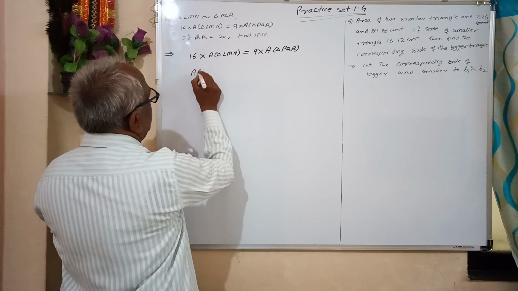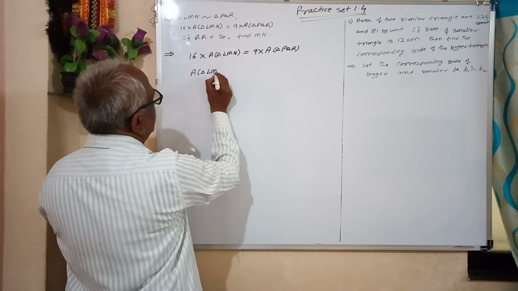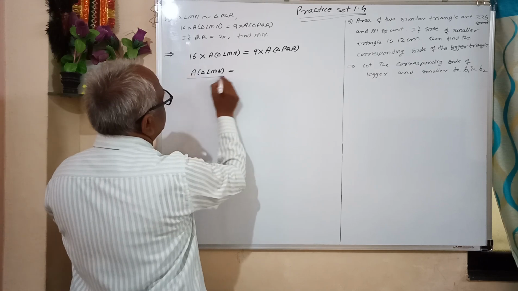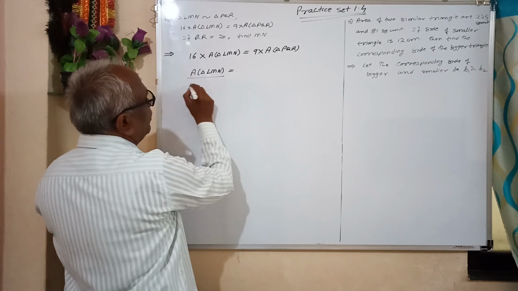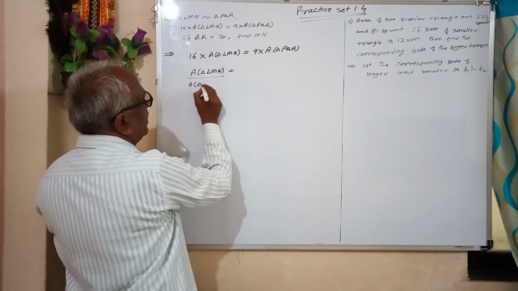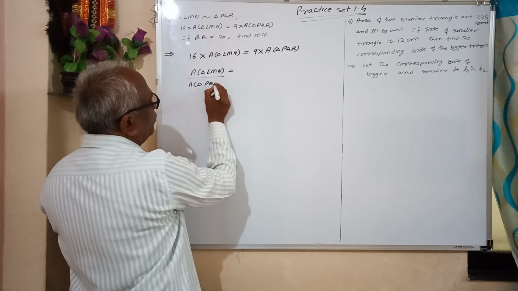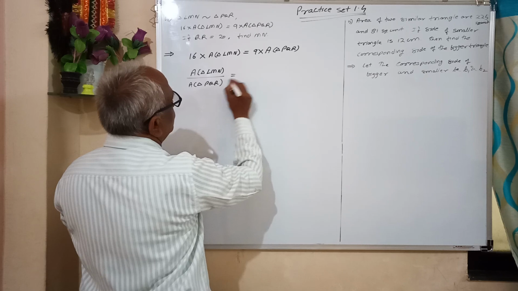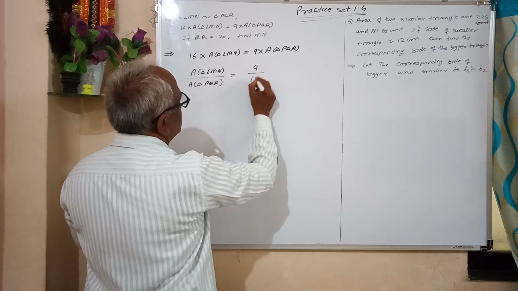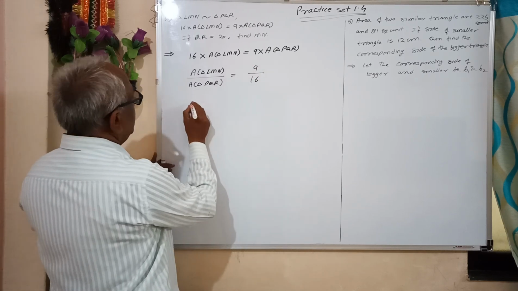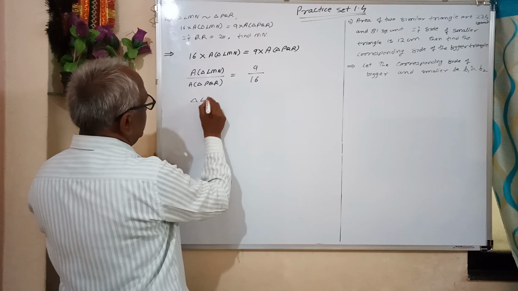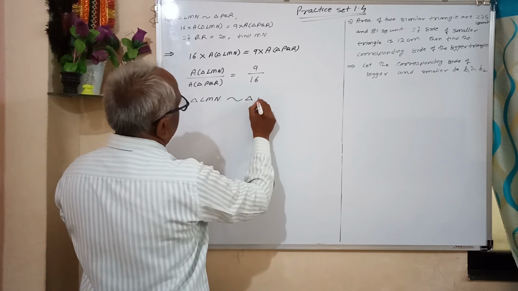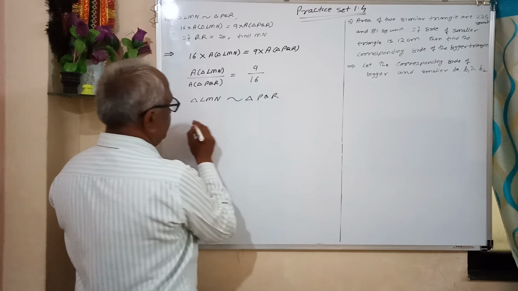Therefore, area of triangle LMN upon area of triangle PQR is equal to 9 upon 16. Now here it is given that triangle LMN is similar to the triangle PQR.